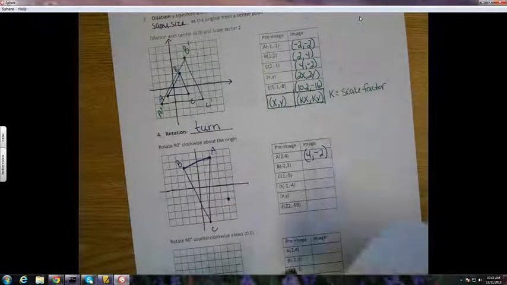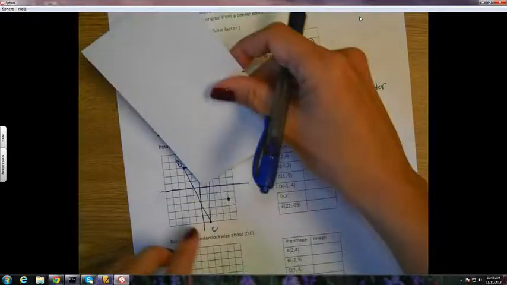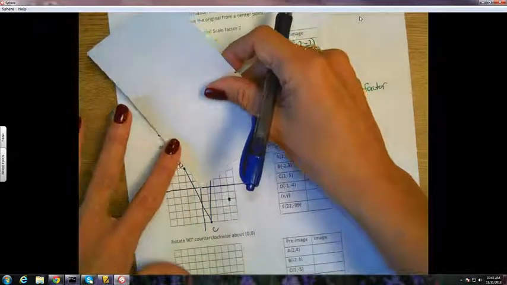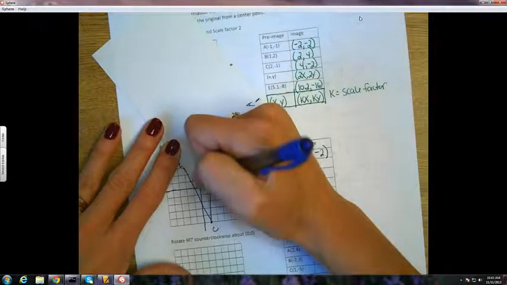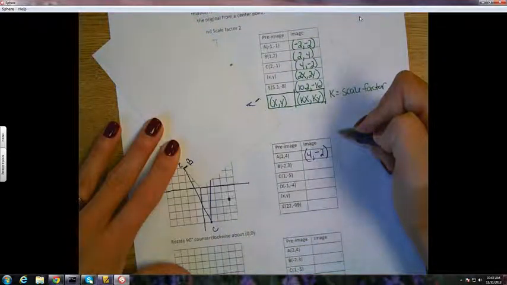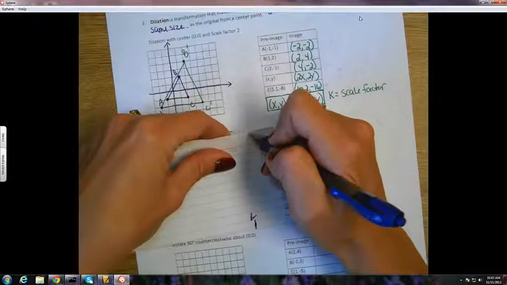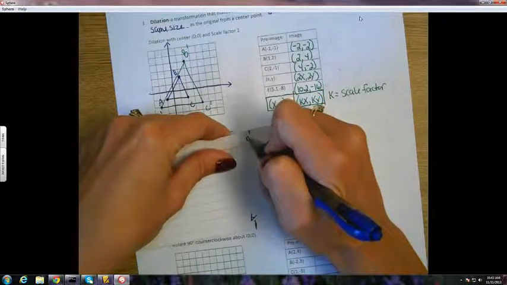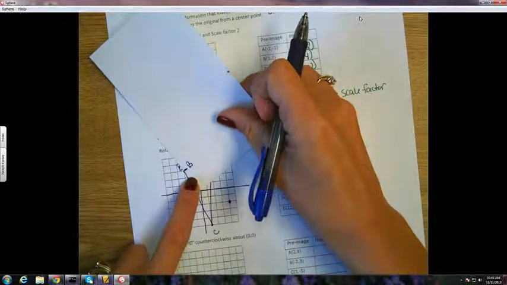Okay, let's do the same thing with B. Take a corner, it doesn't matter which corner. Mark the distance from the origin to B. Flip it over and mark it on the other side. You have to kind of see through it. So I've got the plain side up this time.